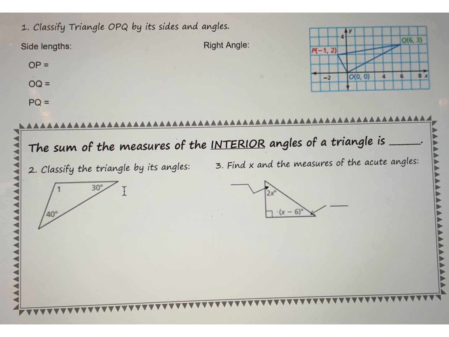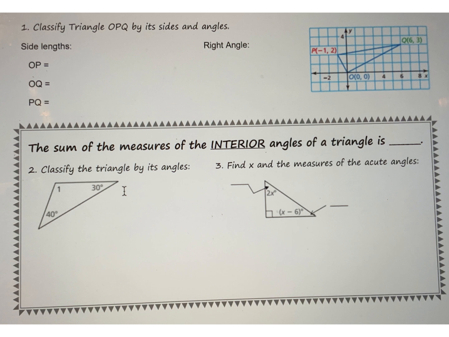All right, so in problem number 1, we're going to classify the triangle by its sides and its angles. The sides, remember, are scalene, are they all different, or is it isosceles where two sides are the same, or is it equilateral? Then we'll establish, is it a right triangle? So let's do sides first.